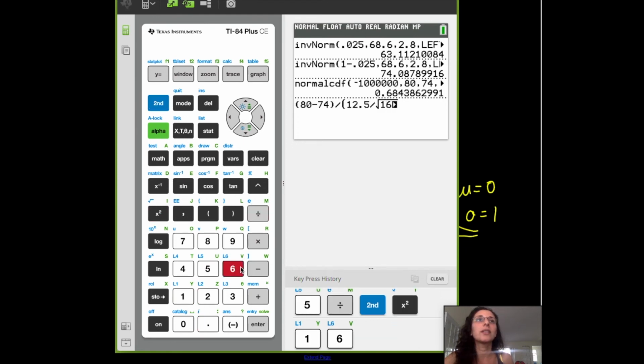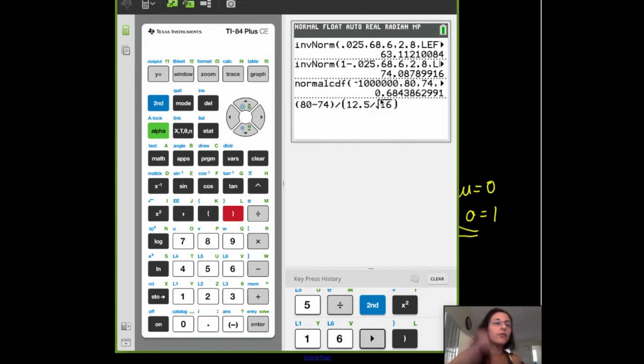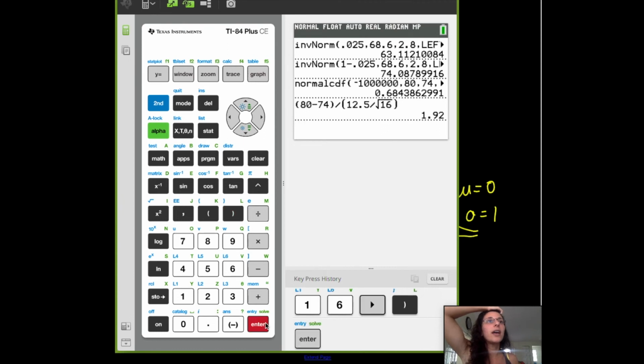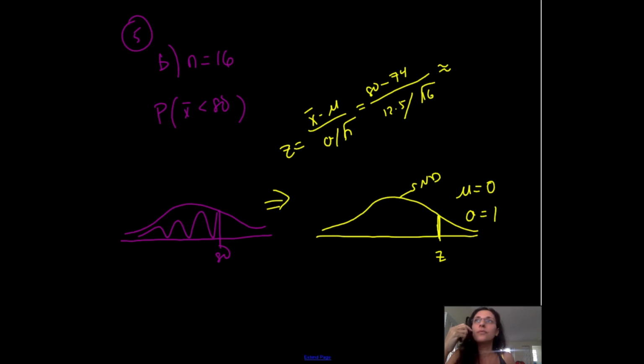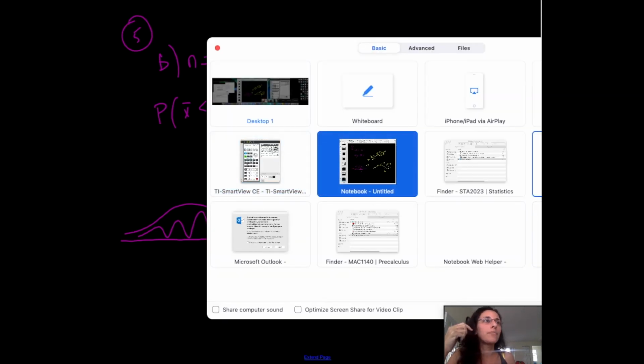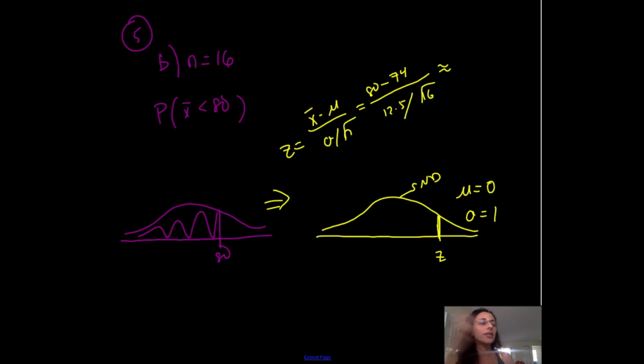If you have an 83, I think they also have parentheses around the square root, so you might have a double parenthesis here just to close the square root and then to close the denominator. What you should get is 1.92. So make sure you check that you do the proper order of operations to find 1.92. The corresponding z-score to that value 80, which represents the mean of those 16, is 1.92.